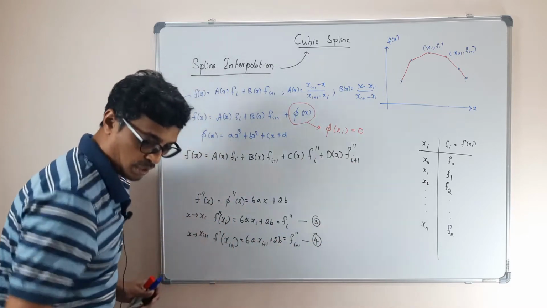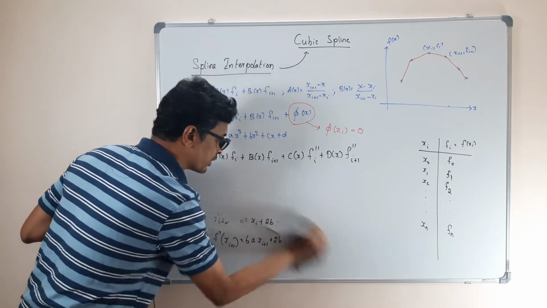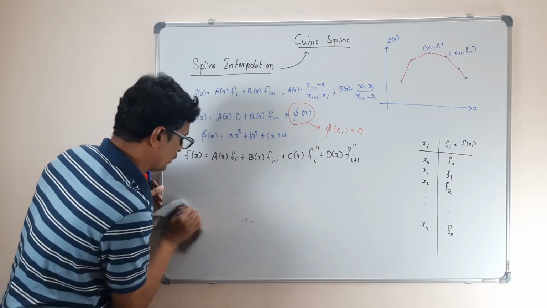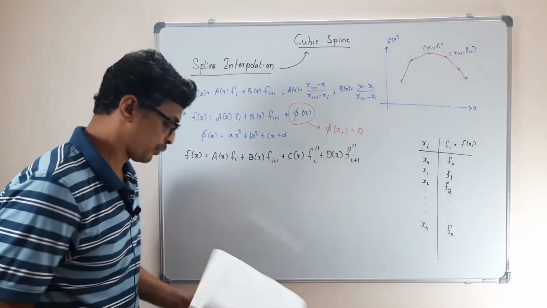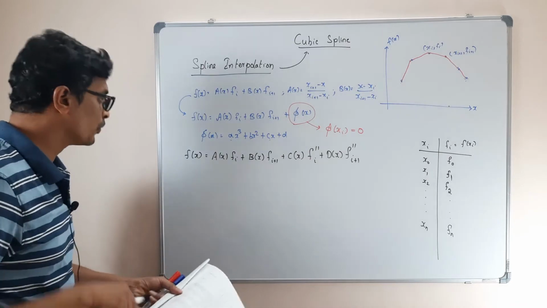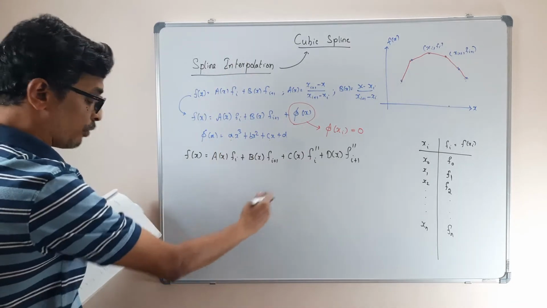I am not going to do this, you can do it by yourself. It may take long, but it is doable. It is simple: we substitute and solve the same way as I explained.